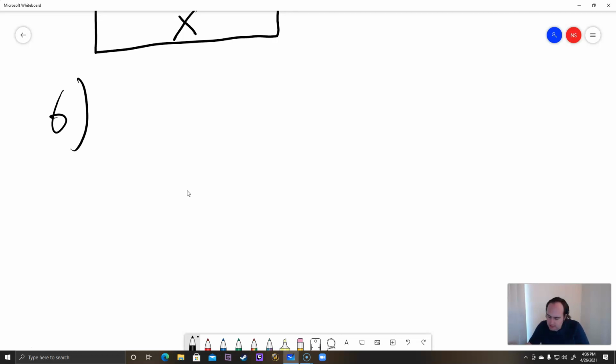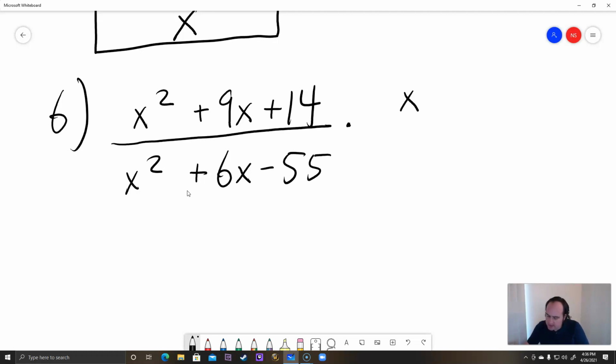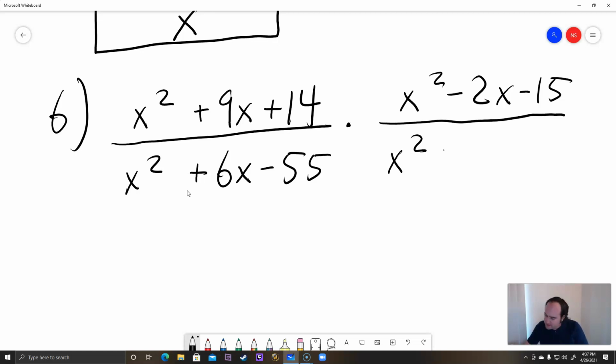Example number 6 is x squared plus 9x plus 14 divided by x squared plus 6x minus 55 times the next fraction, x squared minus 2x minus 15 all over x squared plus 4x plus 4.